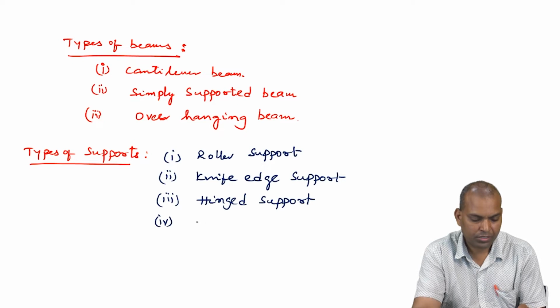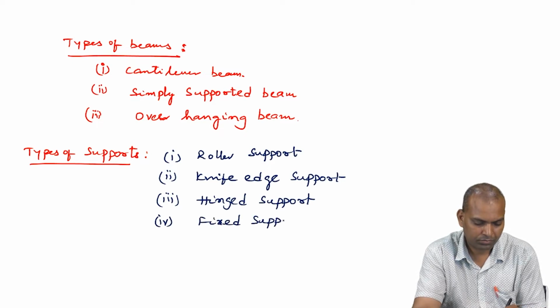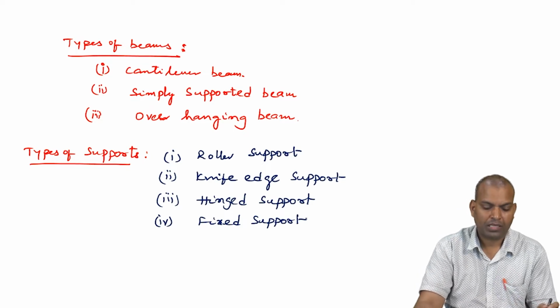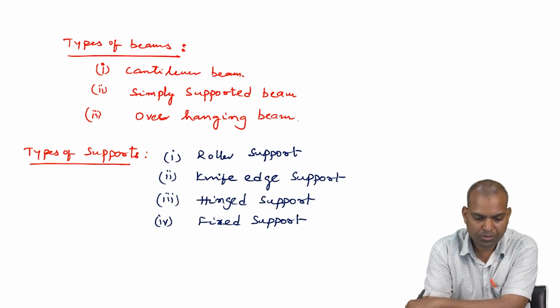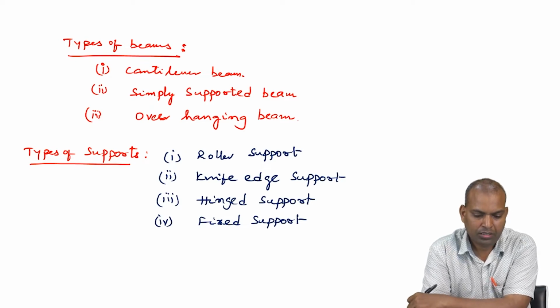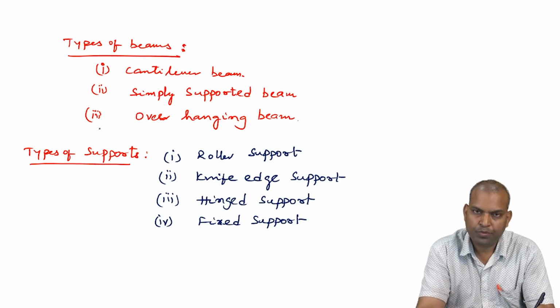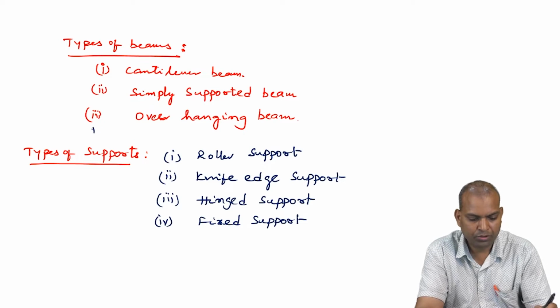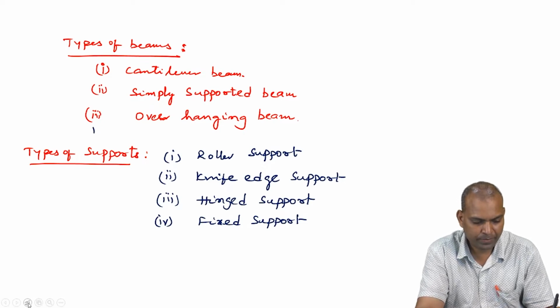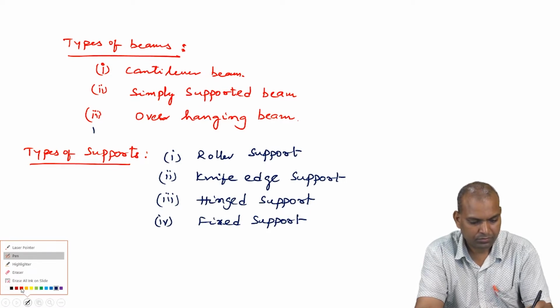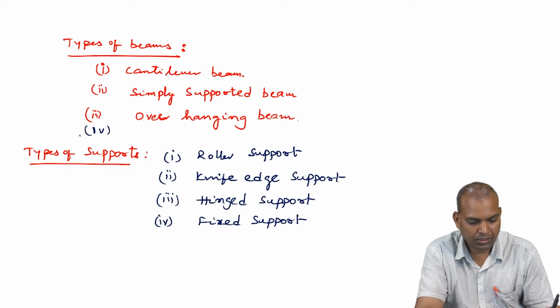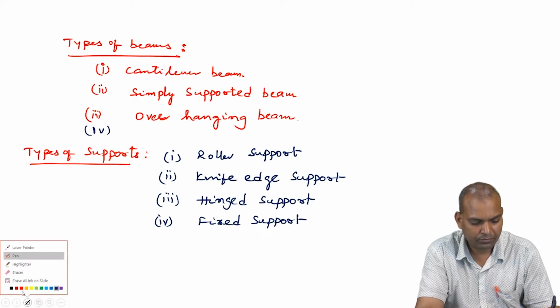And the fourth one is the fixed support. So how are these supports used for different types of beams? There are three prominent beams we have studied, and one more beam, which is known as the fixed beam.